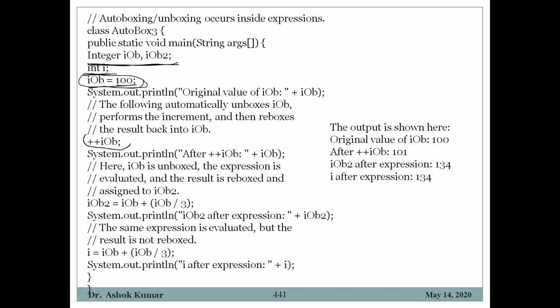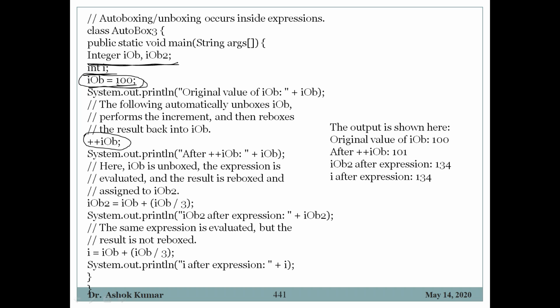So what will happen in this case is, when you perform the operation on the wrapper objects directly, first unboxing will happen, so this IOB will get converted into the fundamental data type, that is 100. After that the value will be incremented by 1, so this will change to 101, and again 101 will get converted into the wrapper class object.